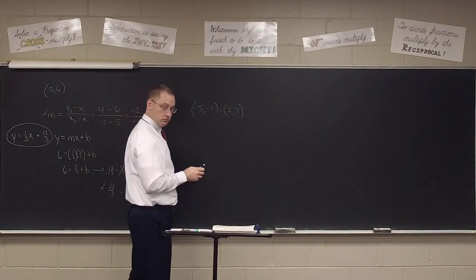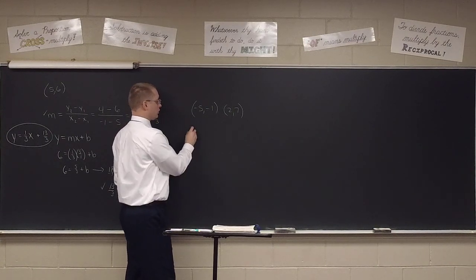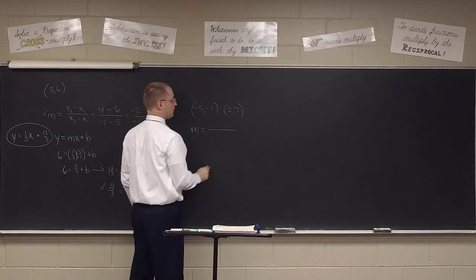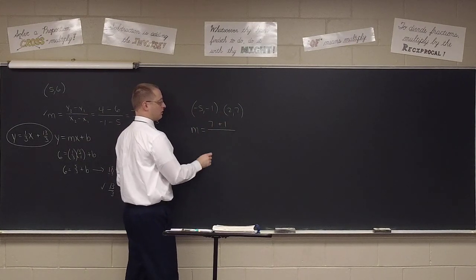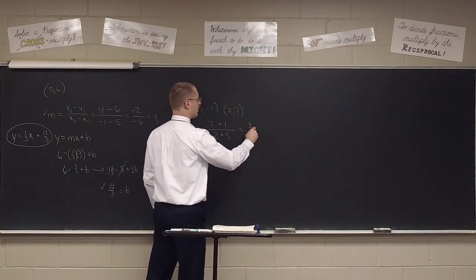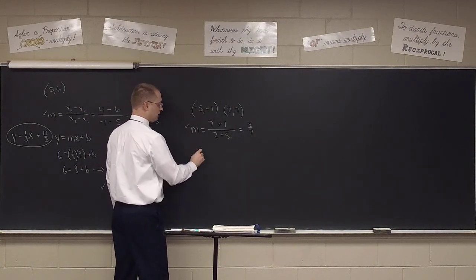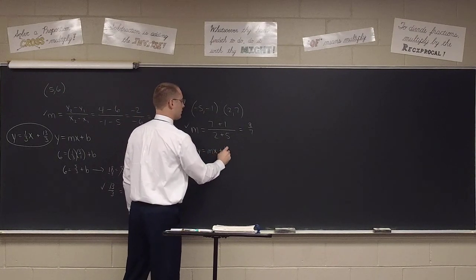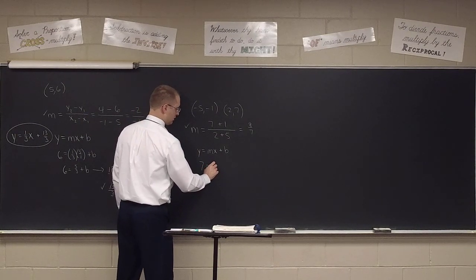We need to find the slope. Good. That's unfortunate. All right, then what? You put y equals mx plus b. Then you get 7 equals 2 times 8 over 7.